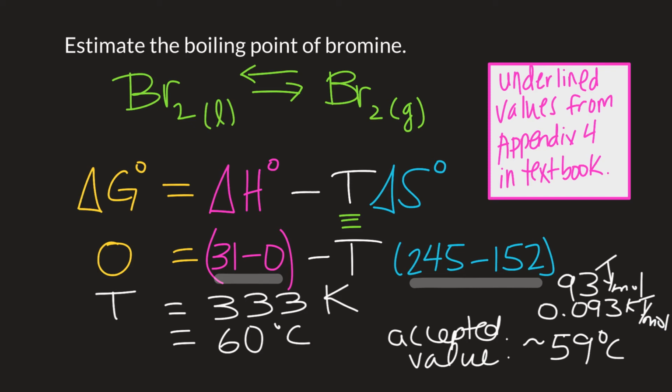You can also see that above temperatures of 333 Kelvin, the entropy is what is in control, and anything below that, the delta H value is in control. So you can kind of figure out the temperature where the prominence of entropy and enthalpy flip-flops.